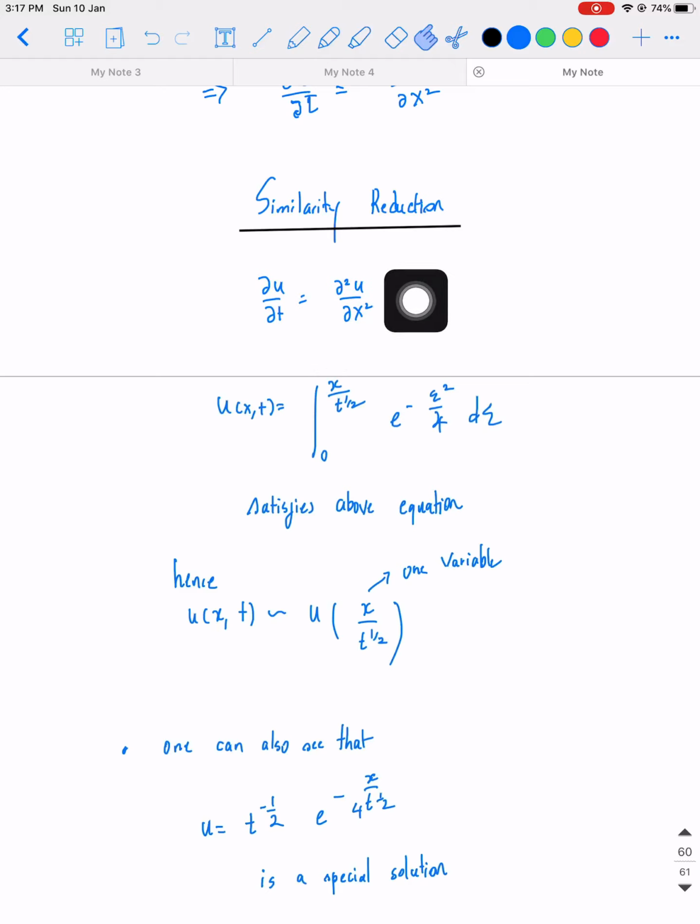So what it tells you is that even though the equation depends on two variables, you could also get a solution where the dependence is just on this one variable, that is this ratio. So you can construct solutions that depend on this ratio. This is called a similarity reduction.